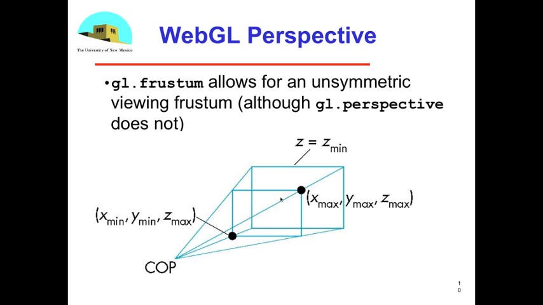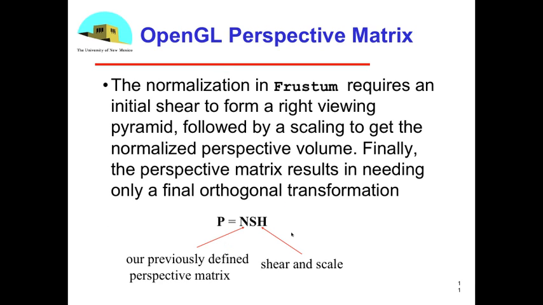And then I do the scaling that I need to do to make this come out as it was for the orthogonal case. So that's what we're arguing here. The derivation is in the book. So you're going to wind up doing the perspective we had before, a shear and a scale in here. It turns out with the center of projection at the origin, you don't really need a translation to do this. Sort of the shear replaces the translation.